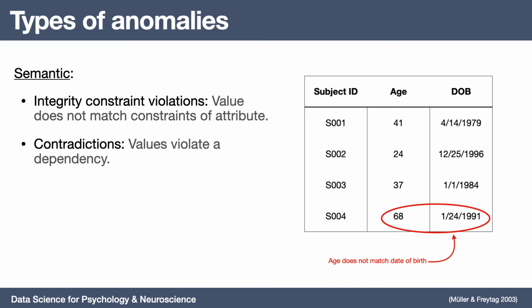Somebody born in 1991 cannot be 68 in the year 2020 or 2021. So clearly the assumed mapping between these two variables is violated. Now you wouldn't clearly see this in the same way as an integrity constraint violation that I showed you before. A lot of this involves knowing in a deeper way relations between your variables.